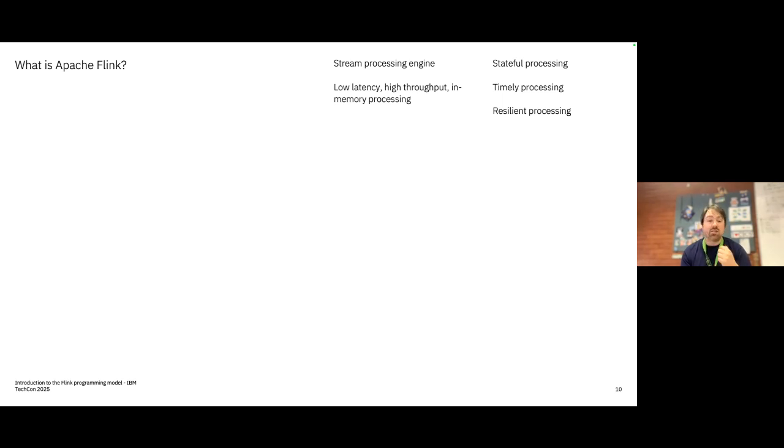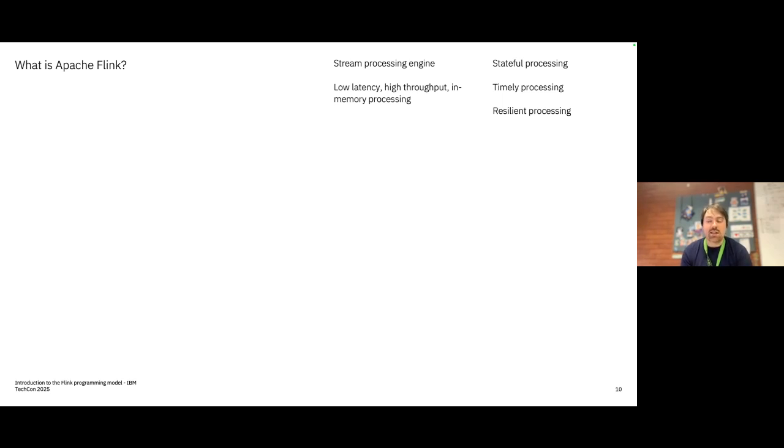This means that, again, to gain that high throughput, the majority of the processing is happening on the systems as it happens and in memory without the lag of being written to disk. And Apache Flink is designed to provide two main qualities of stream processing. That's stateful processing and timely processing, and I will move on to those concepts in a second.